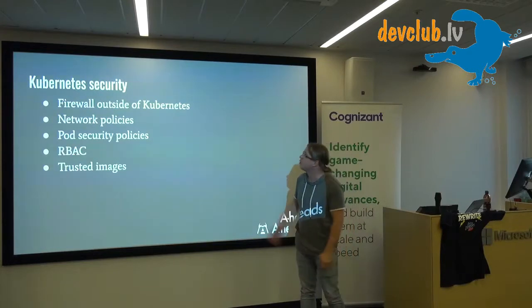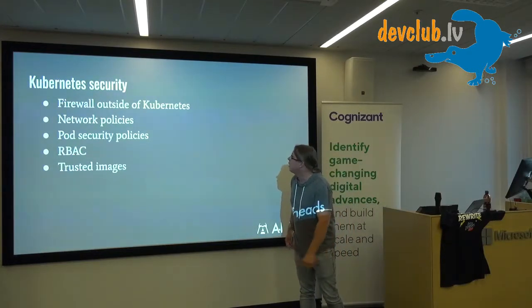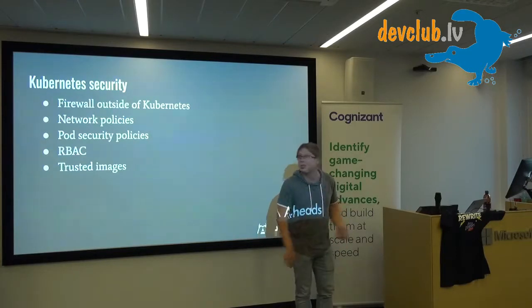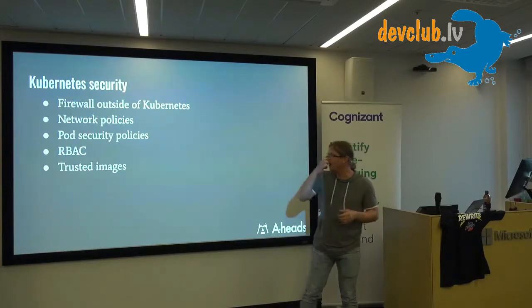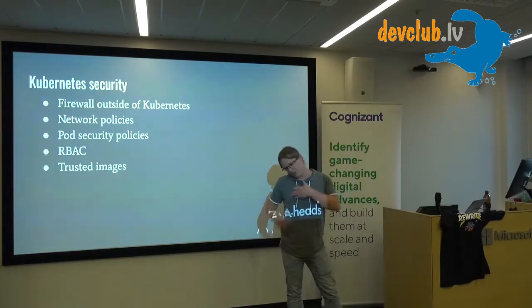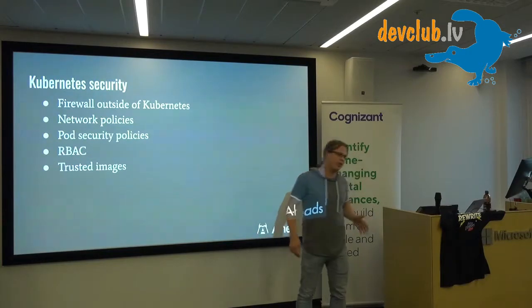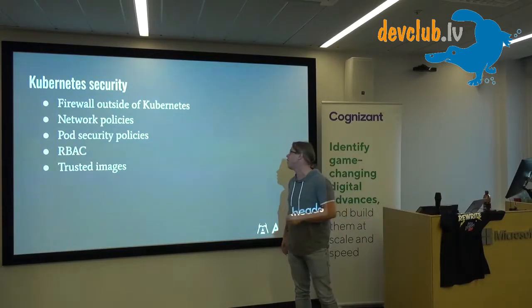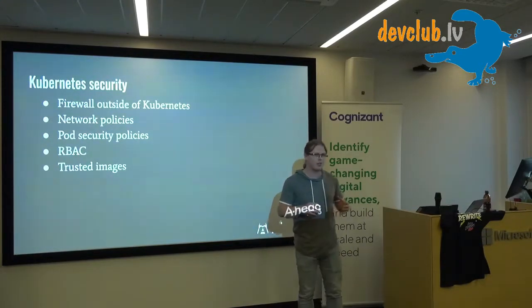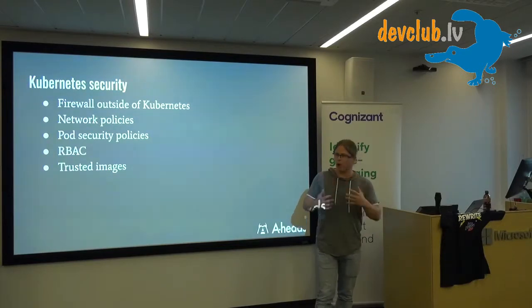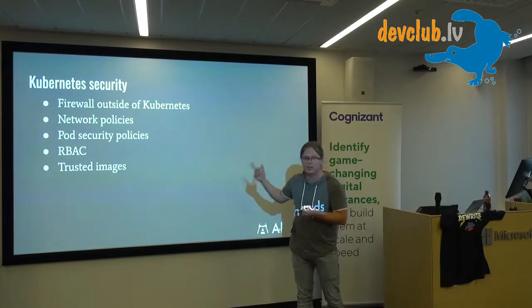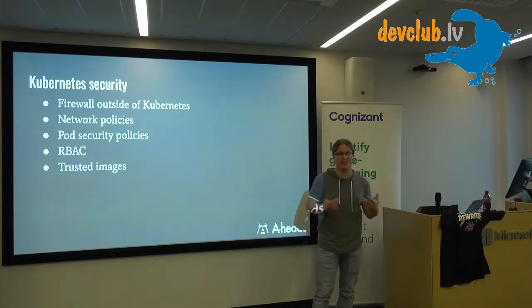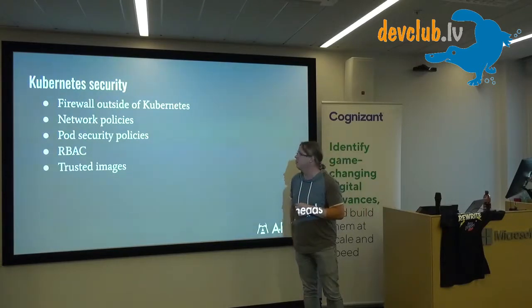In order to be secure with Kubernetes, we have, of course, to use a firewall outside of our Kubernetes cluster scope that controls the traffic going outside of our cluster to the internet or coming inside to our services, right? Then we have to use network policies inside the Kubernetes cluster to control the traffic between pods, because by the way, all network connectivity between pods in a Kubernetes cluster is allowed if you don't apply network policies.